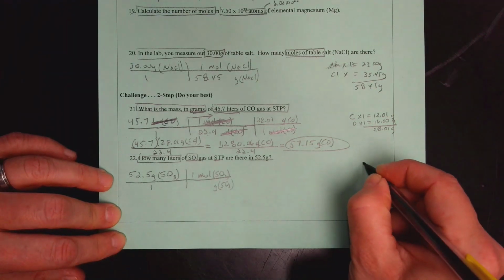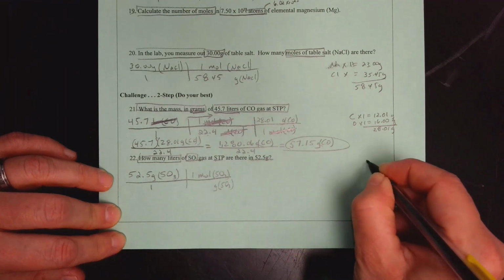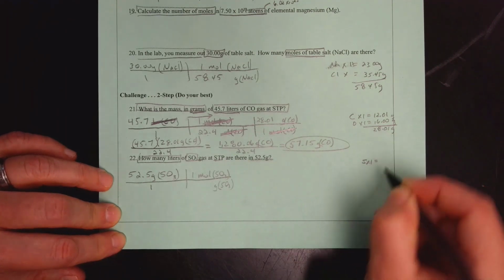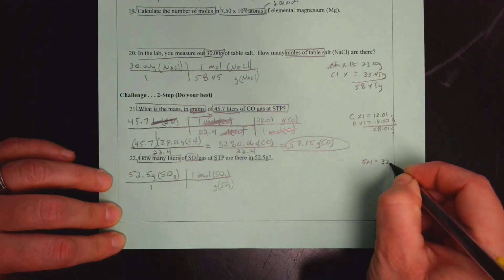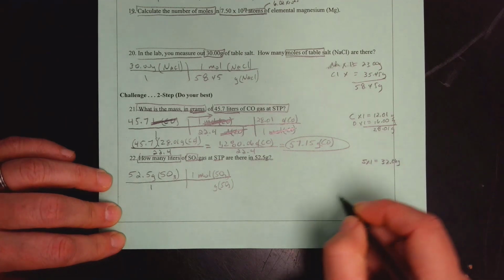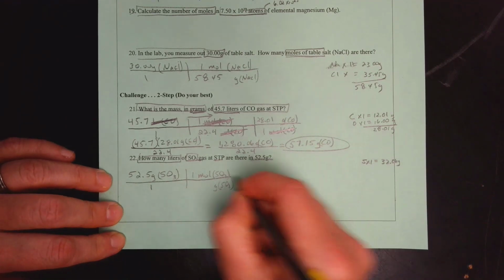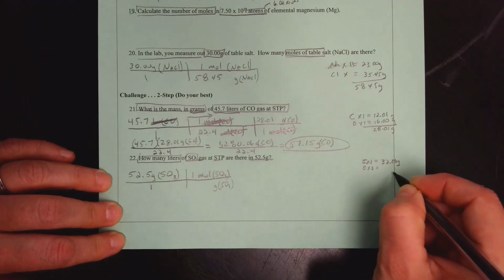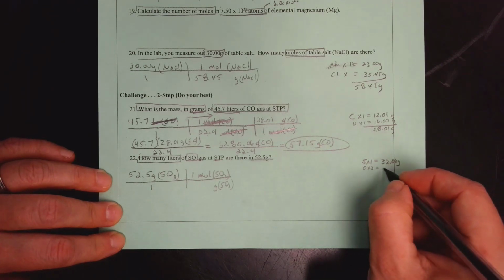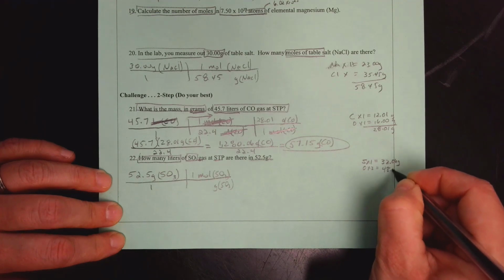So I'm going to come over here and say, all right, I've got 1 S, so S times 1 equals, and the atomic mass of sulfur is 32.06 grams. And I've got 3 oxygens according to that subscript. So I've got oxygen times 3 equals what? That's 48.00 grams.